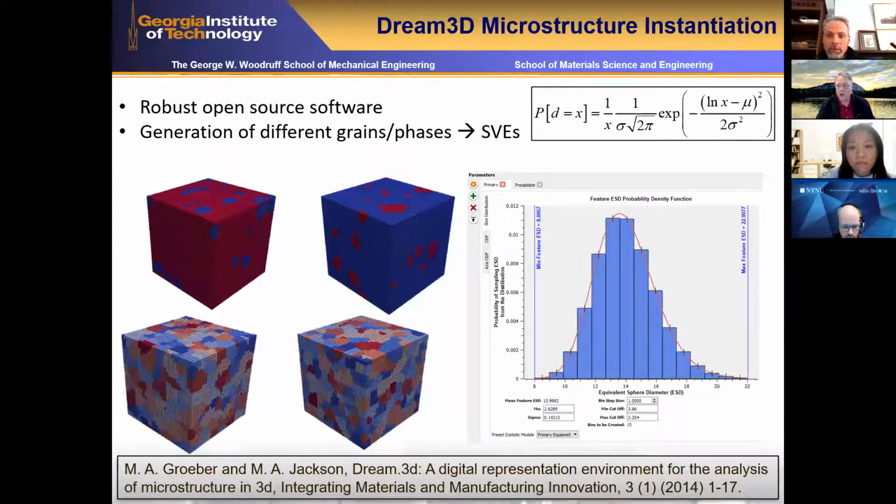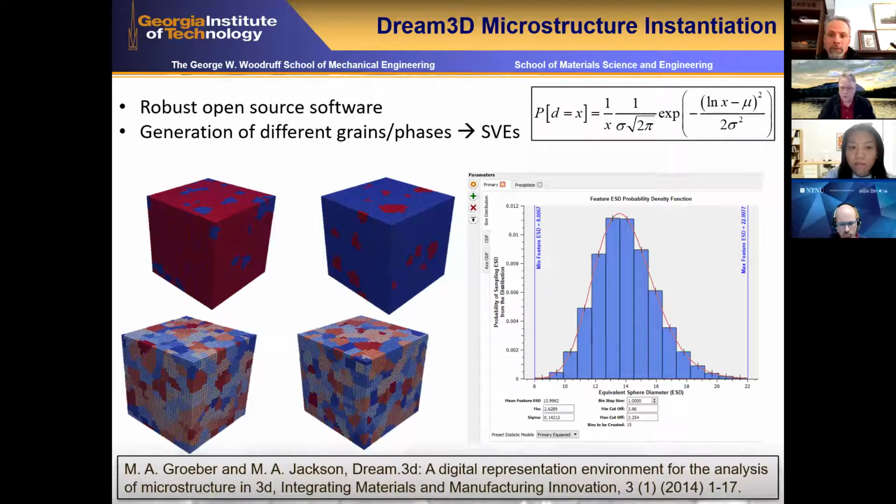If we have knowledge from experimental characterization of microstructures of interest, or from phase field simulations of polycrystals, or any other cellular automata, for example, we can build microstructure samples, these statistical volume elements, that follow the target statistics, including grain size distribution, spatial correlations between phases like alpha and beta phases in titanium alloys, the disorientation, the minimum misorientation between grains and its distribution.